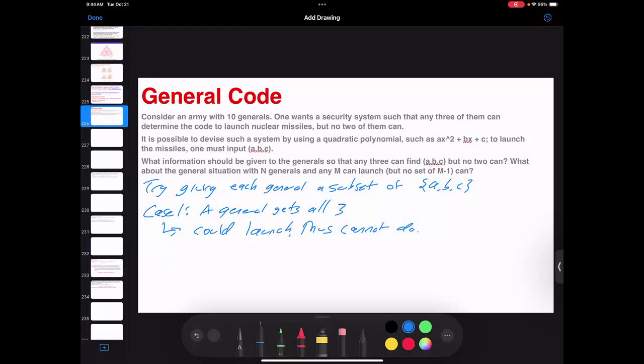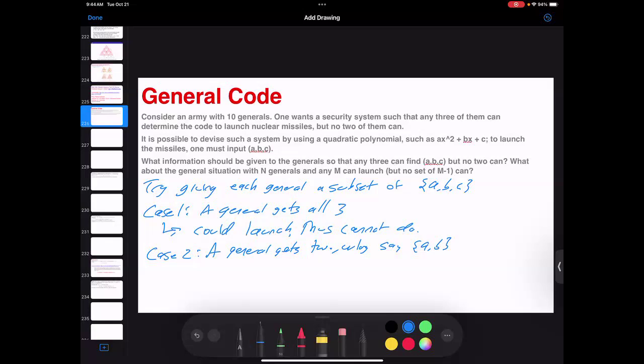All right, what's case 2? So case 1 is the general gets all A, B, and C. What should case 2 be? Yeah. The general gets like 2 of them. Good, the general gets 2 of them. So a general gets 2, without loss of generality, say A and B, because we can always just change the labels.